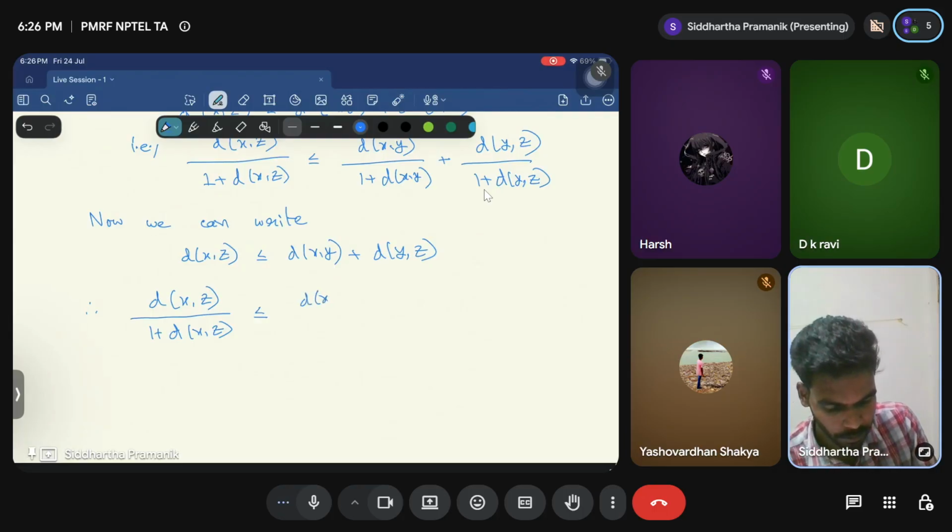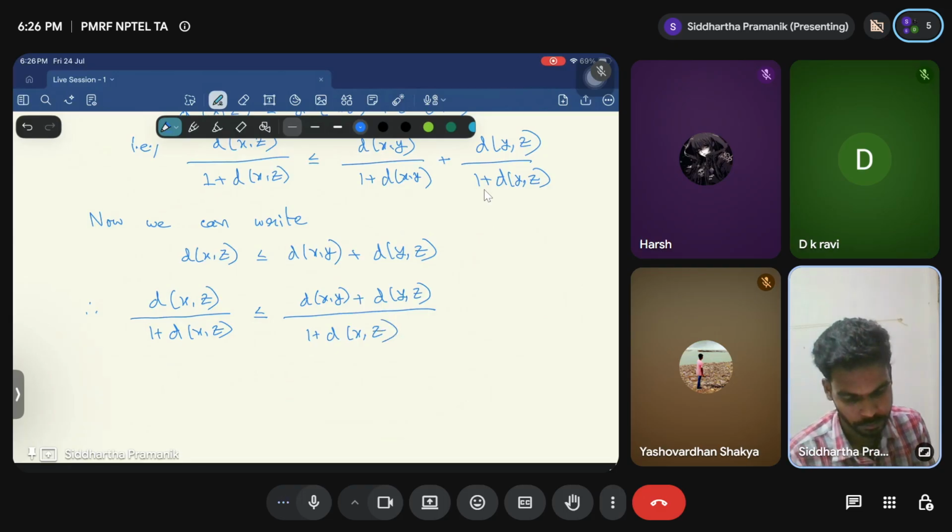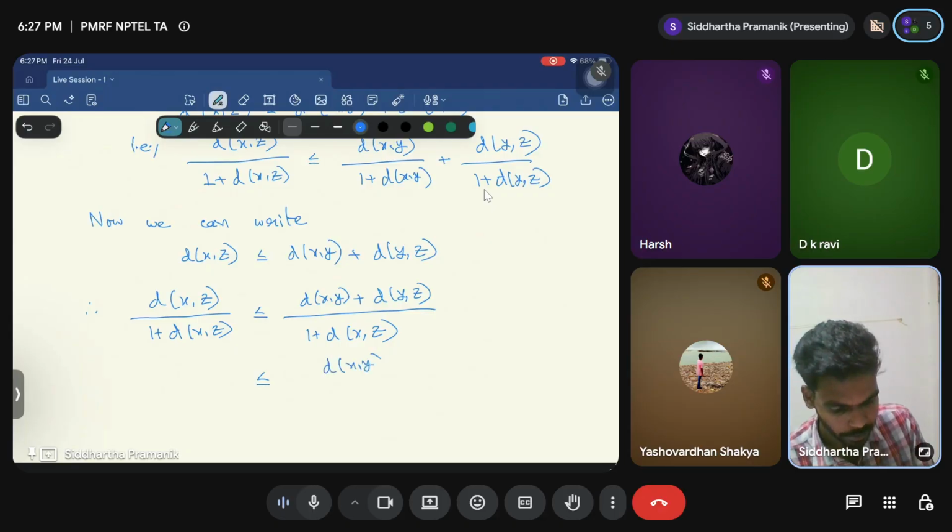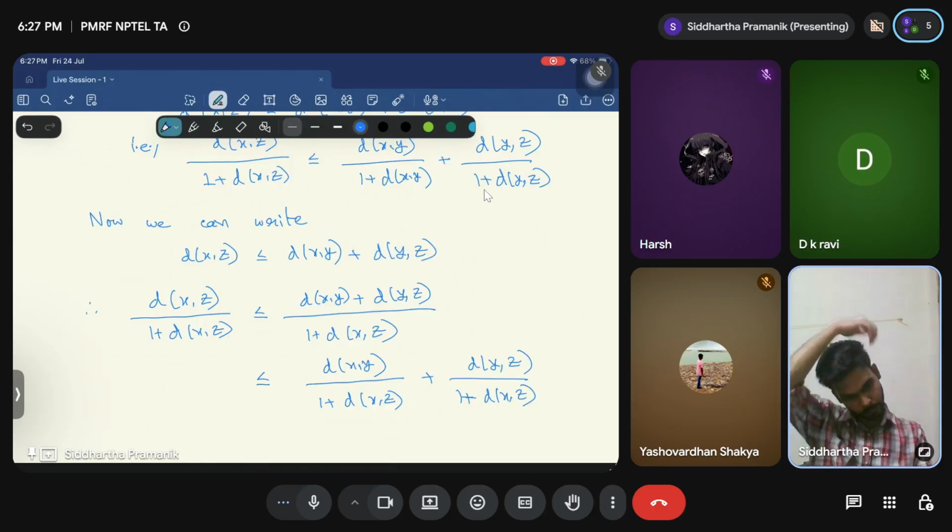So d of x comma y plus d of y comma z over 1 plus d of x, z. But this is d of x, y over 1 plus d of x, z plus d of y, z over 1 plus d of x, z.